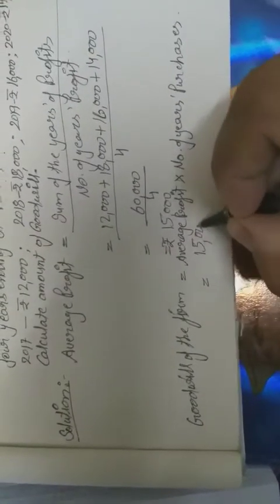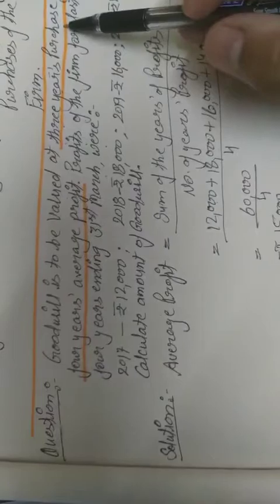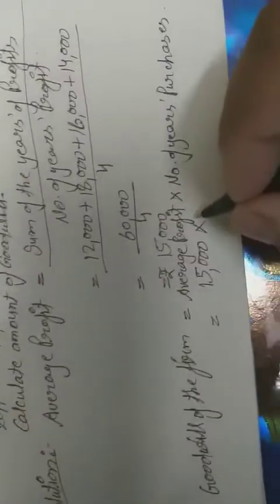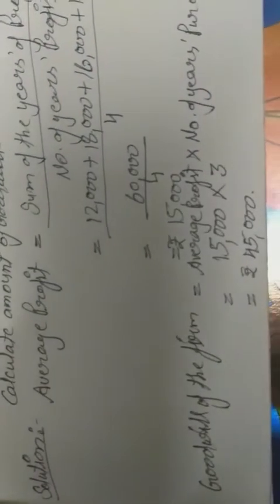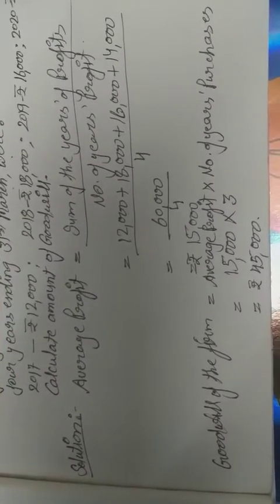So average profit is 15,000 and the number of years purchase is given as 3 years purchases. So we will multiply by 3. So it will equal rupees 45,000, the goodwill of the firm. It is clear? So by this method we have to calculate this thing.